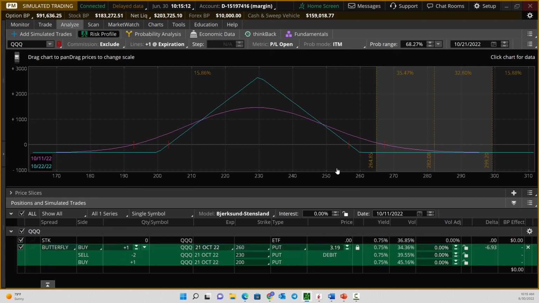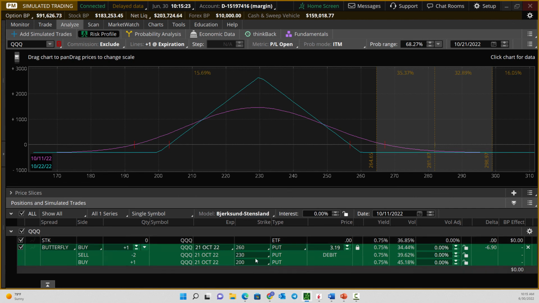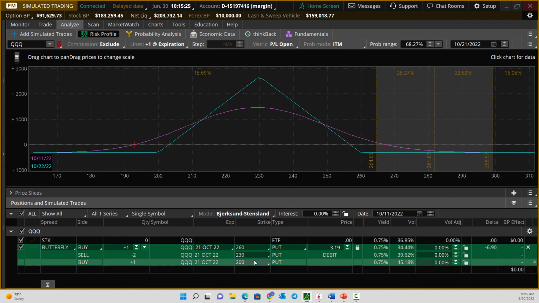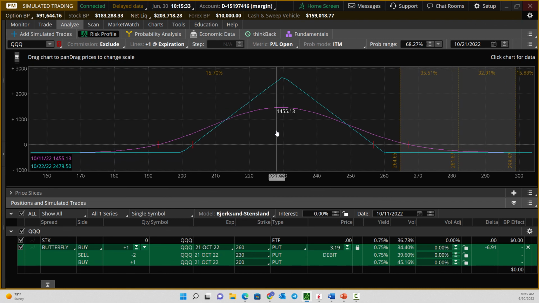So the management of this is not necessarily hold to expiration. It's a long ways from your target right now. When it gets to your target, some time will have evaporated, some profit will be there, and you certainly need to think about locking in at least some of your contract's gains. So that's some aspects of the targeted butterfly that make sense in terms of things to think about.